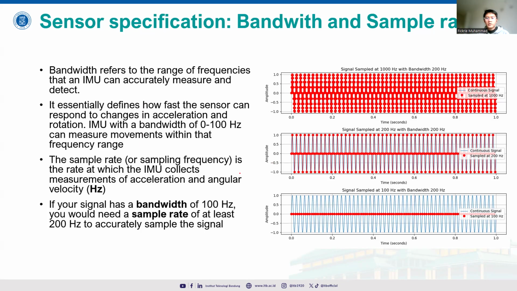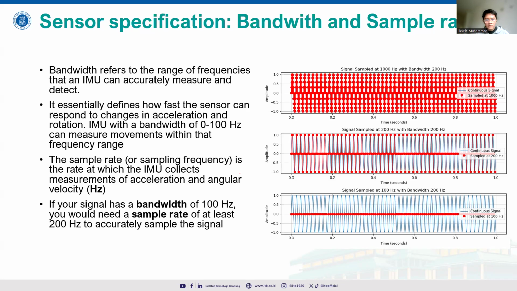And for example, from this 1000 hertz, from this 1000 measurements per second, the sampling rate is basically how it samples, or the sampling frequency, how it collects the measurements of the gyro and accelerometers, in hertz.